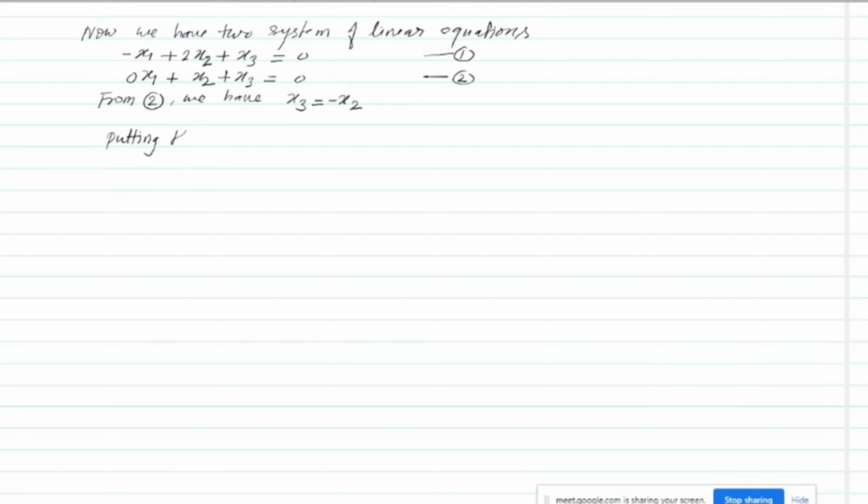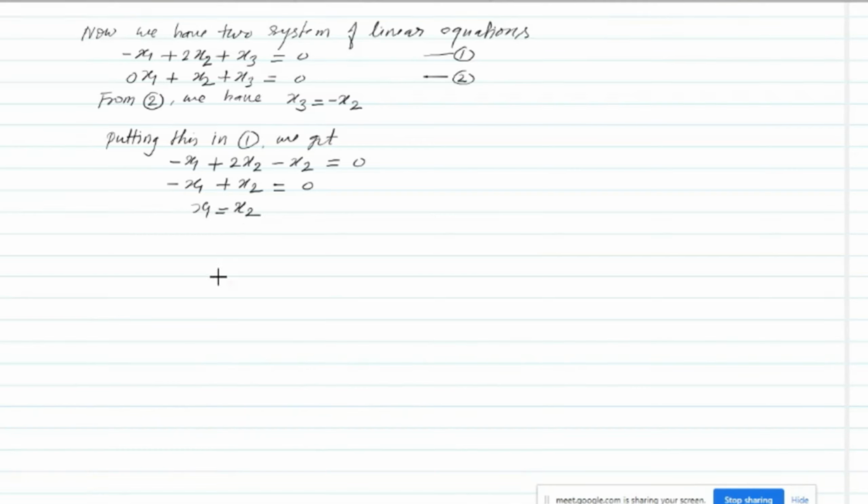Putting this in equation number 1, we get minus x1 plus 2 times x2, and x3 is minus x2, and this is equal to 0. So we have minus x1 plus x2 equal to 0.